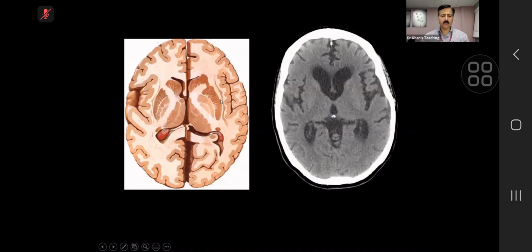This is known as the external capsule. Then comes another gray matter, which is known as the claustrum, then the extreme capsule, and then the insula. Having said that, you don't have to go into these details because on a usual 1.5 Tesla MR or a CT, you don't see all of these. Usually we just use the word external capsule. So this is the lentiform nucleus, external capsule, and then the insula.